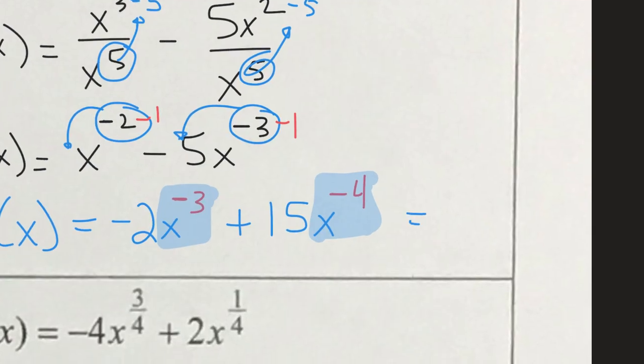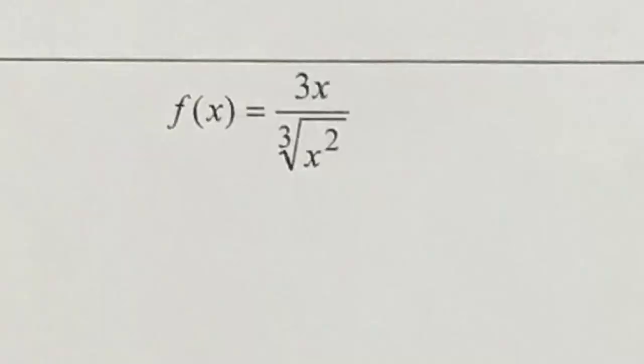So that becomes negative 2 over x to the 3rd plus 15 over x to the 4th. Okay, we will learn a rule for this later, right? We're dividing a function by a function, so we can use the quotient rule later. But now we're still going to use the power rule, so we have to do our algebraic simplification.